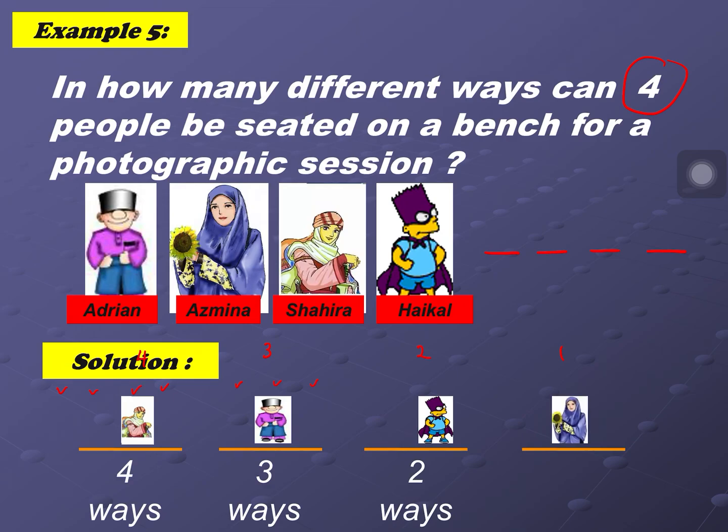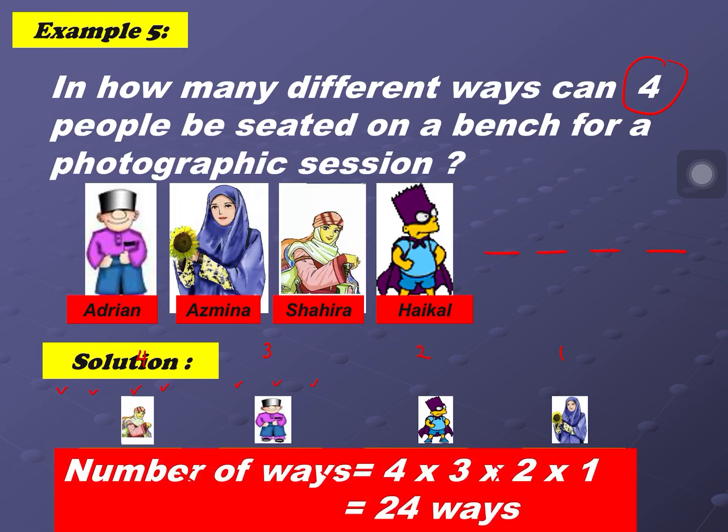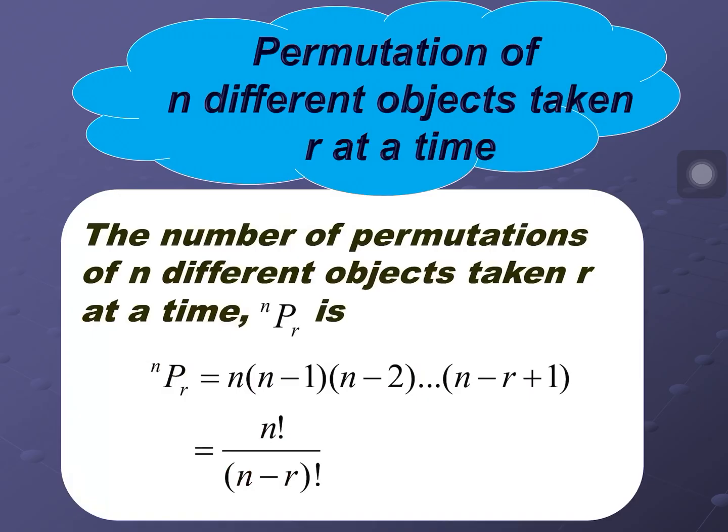If Haikal sits here, then Azmina is supposed to be at the last bench. So 4 times 3 times 2, you should get 24 ways. I hope you understand how to do that.